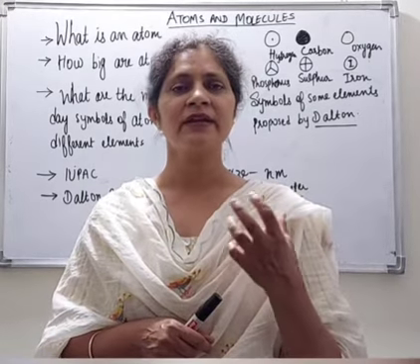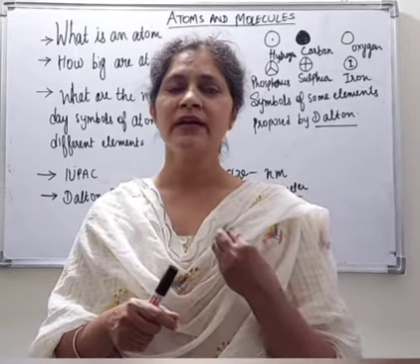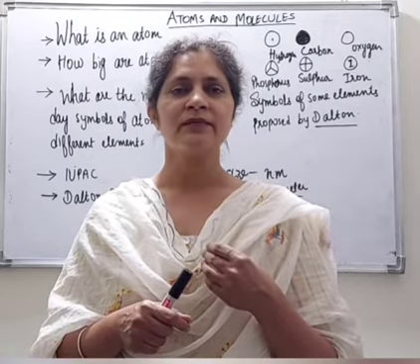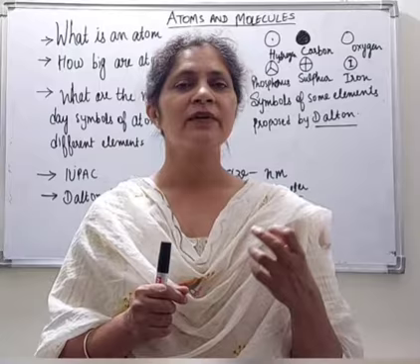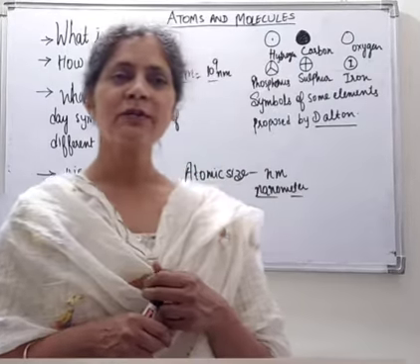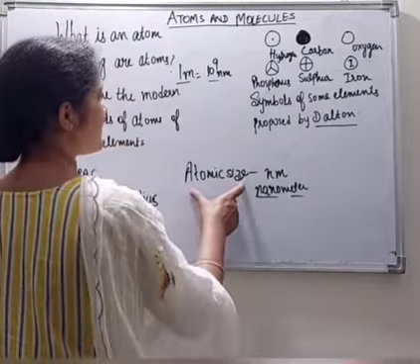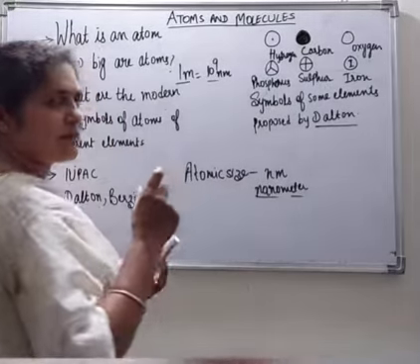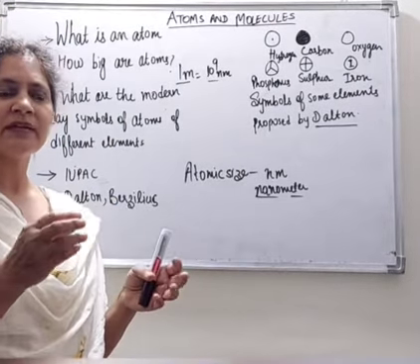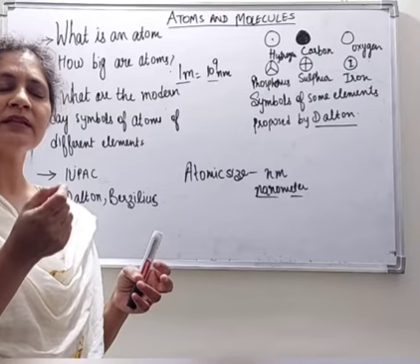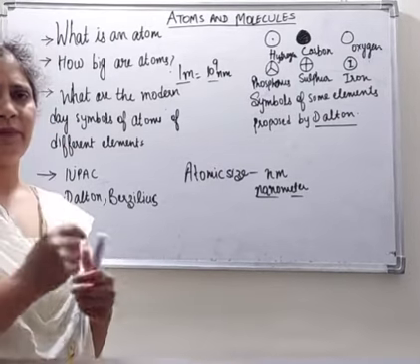Its size is very small, so we cannot compare the atom with any other material. Atomic size is calculated in nanometers, because if we take a million atoms together, they will make a thickness of one sheet of paper.